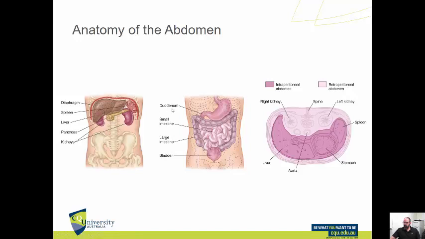So you have your duodenum, you have the small intestine, the large intestine, and then the bladder, all of which are hollow organs, all of which are susceptible to rupture, and that will cause infiltration of the contents of those abdominal organs into the peritoneal sac, which will then cause quite a bit of infection, and this is where we have to worry about infection rates for these patients.